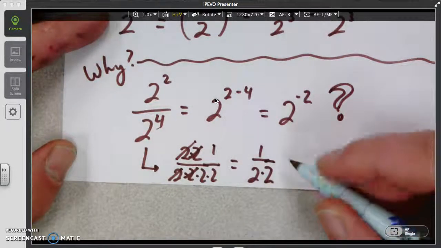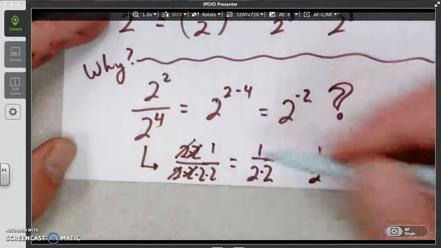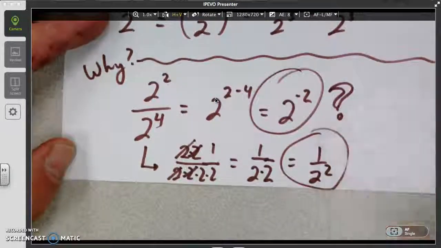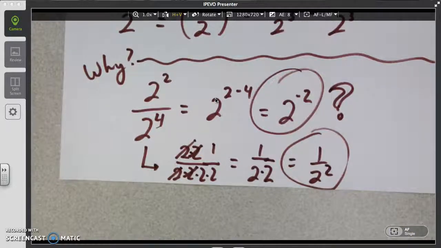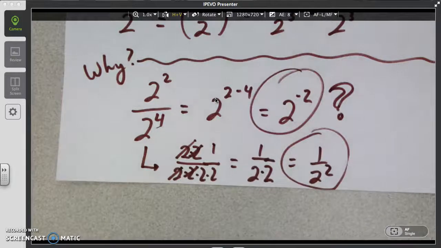What's left over are 2 2's on the bottom, which is 1 over 2 to the 2. So we did it 2 different methods, and as we've been saying, both methods have to be in agreement. Therefore, the only thing that makes sense is that a negative exponent becomes a reciprocal.